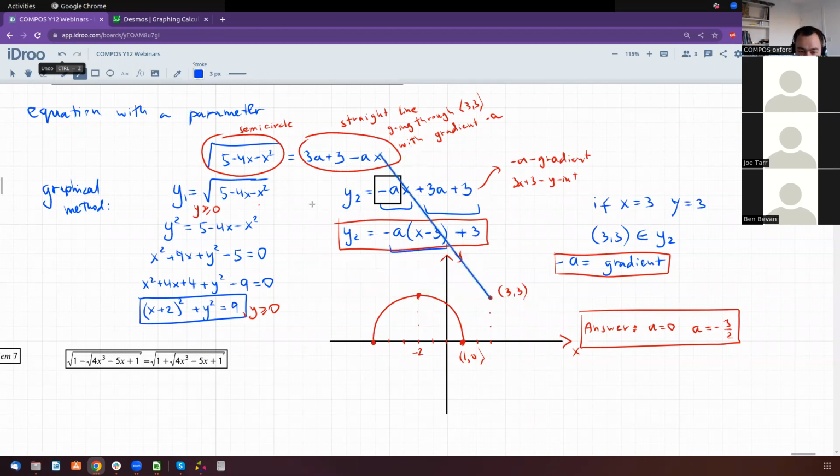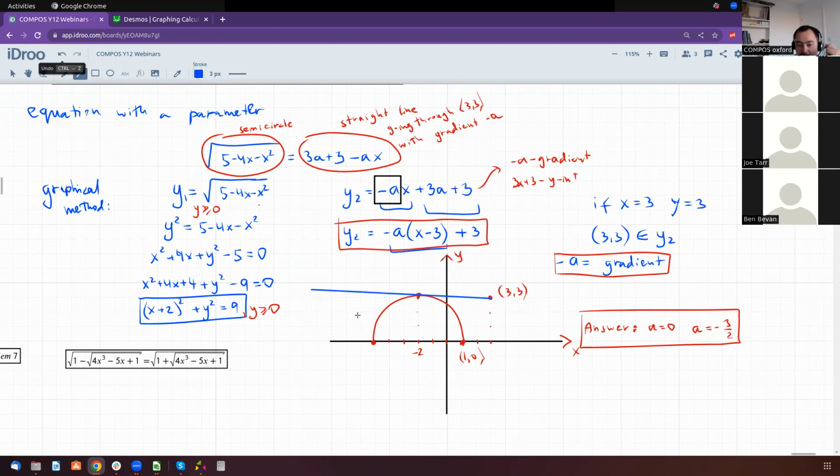So the first possibility is that a is 0, because this is one solution. Because the question is, for which values of a does it have one solution? Well, it has one solution if it's a tangent. So in this case, a is 0.